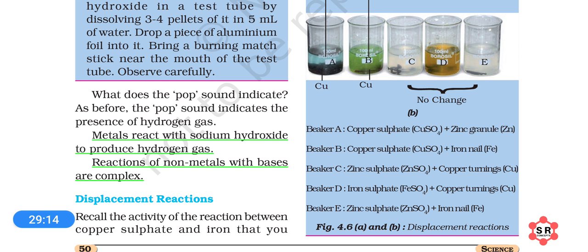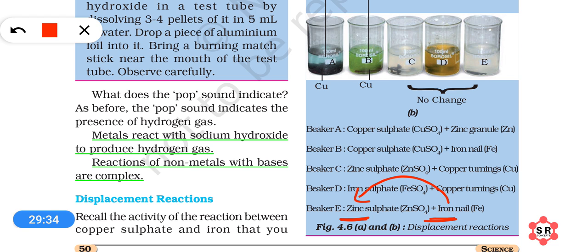Because zinc is more reactive than iron, iron cannot displace zinc from its salt solution, that is zinc sulfate. So again in beaker E, there will be no reaction.